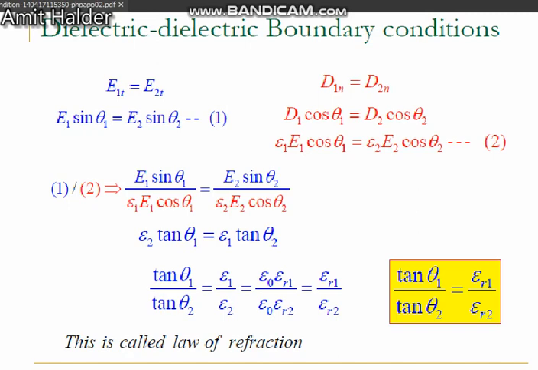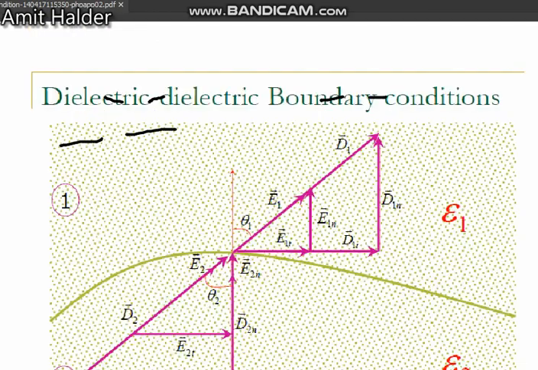That is Snell's law. So the tangential component will be E1 sin theta 1, E2 sin theta 2. And D1n and D2n are the normal components. So if we use sin theta 1 and sin theta 2, that means just get onto the figure here.